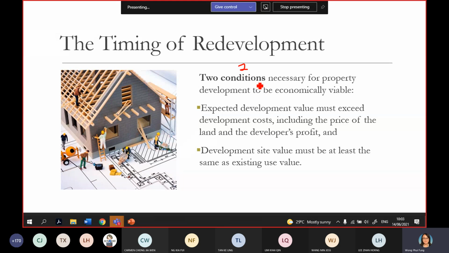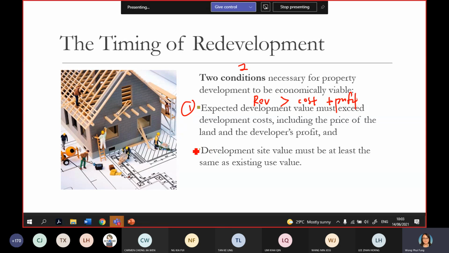There are two conditions to guide you for redevelopment. The first one is that the expected development value, the GDV, must exceed the development cost, including the price of the land and the profit. Whatever revenue you generate must be more than the cost you spend plus the profit earned.